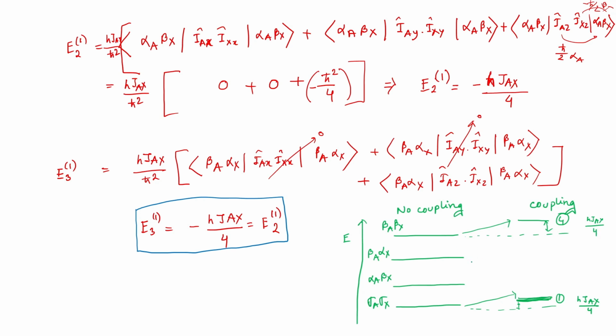And in this case there was stabilization, here there is destabilization, here there is stabilization by the same factor. The factor is A Jx by 4, and here the factor is also A Jx by 4.